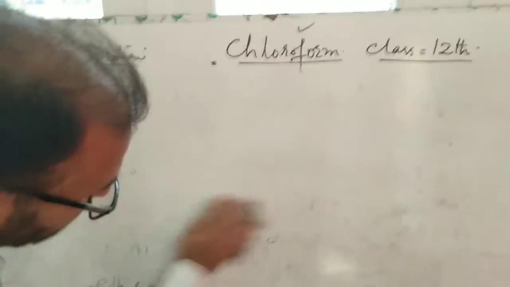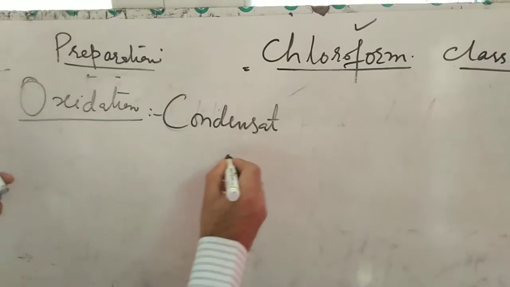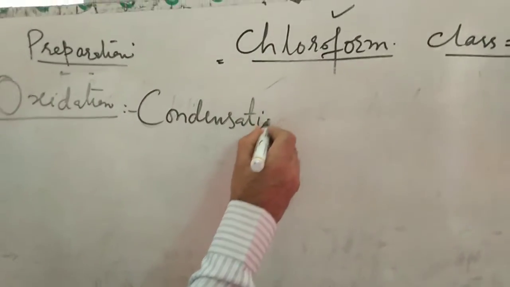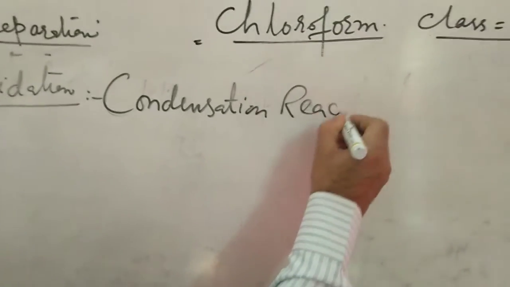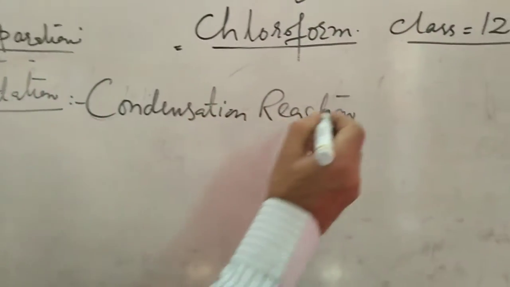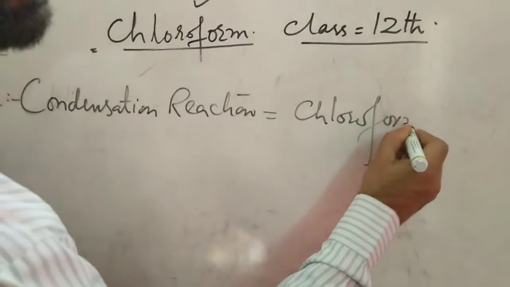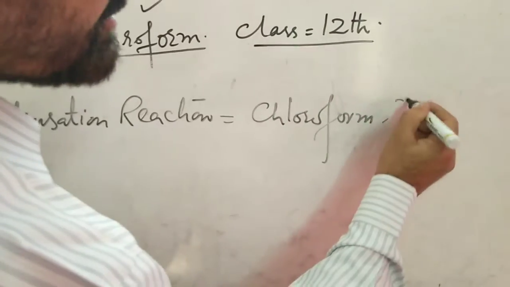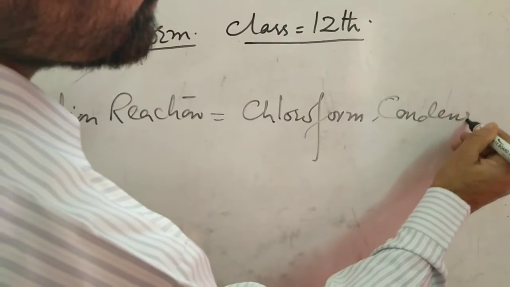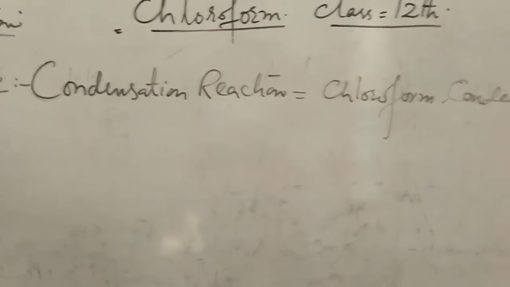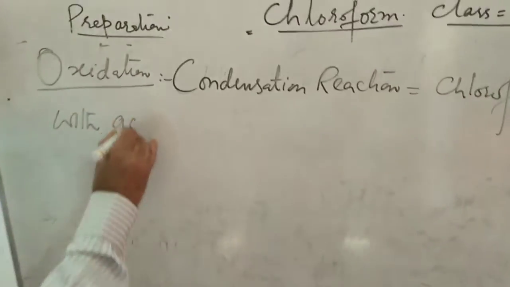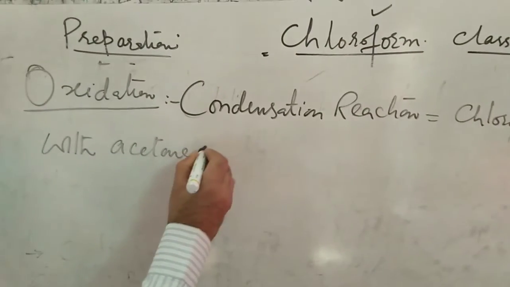Now second reaction is the condensation reaction. क्लोरोफॉर्म जो है condenses with acetone and forms chloritone.